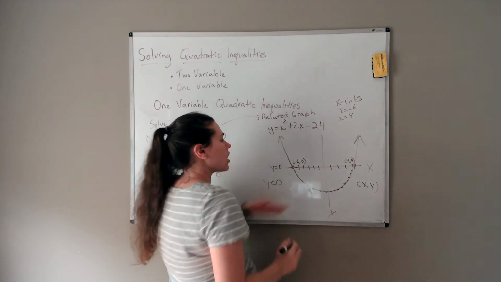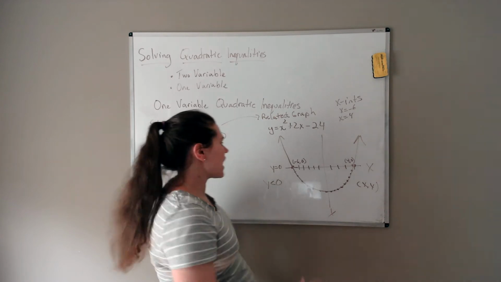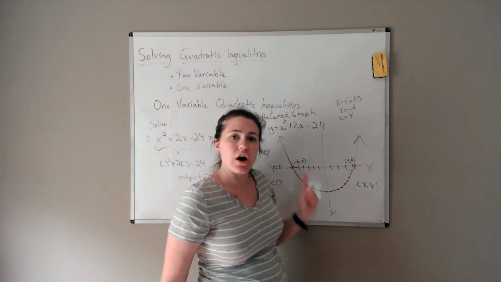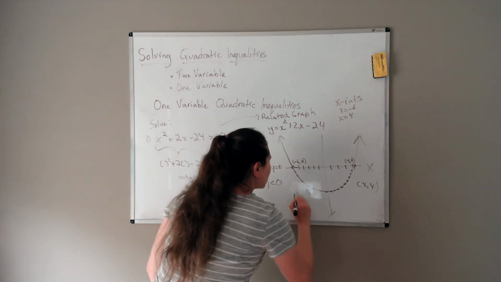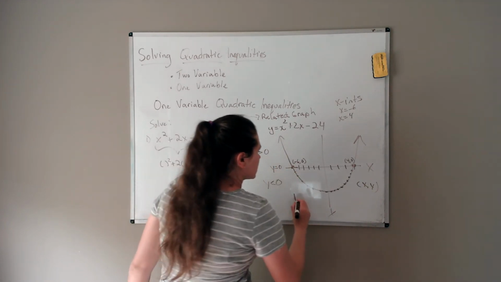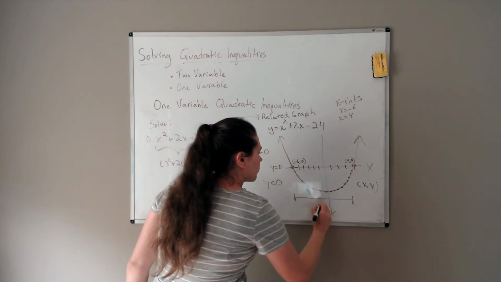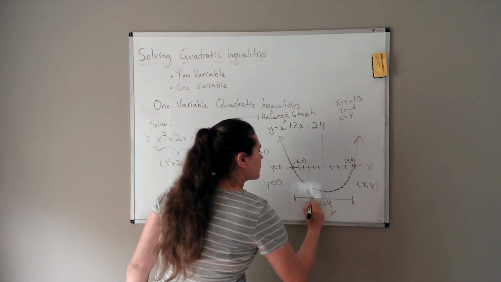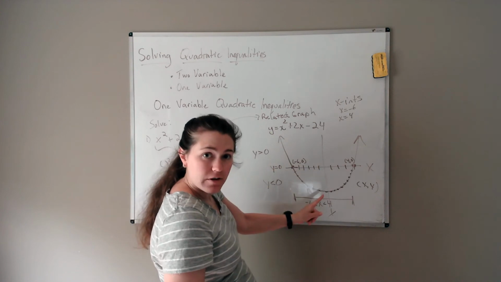When you are below the line y equals 0, all of your outputs are negative. When you are above the line y equals 0, all of your coordinates are positive. So from when x is negative 6 until x is 4, all of your outputs are negative.